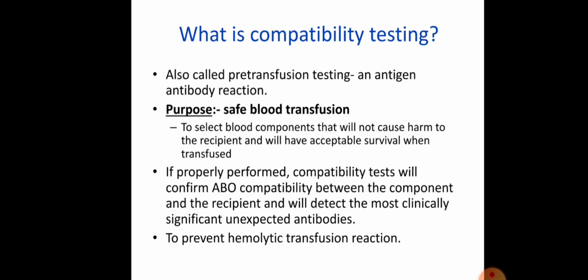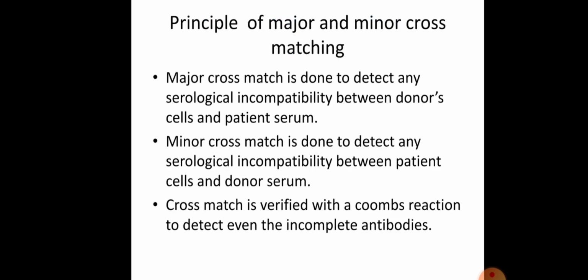Okay, if there are any unexpected antibodies, there will be incompatibility, so we will reject the sample or we will try to solve it. And why? Because we want to prevent any hemolytic transfusion reaction, because we are doing the blood transfusion for the patient's benefit. Okay, if there is any hemolytic transfusion reaction, then the condition will be worse. We don't want that.